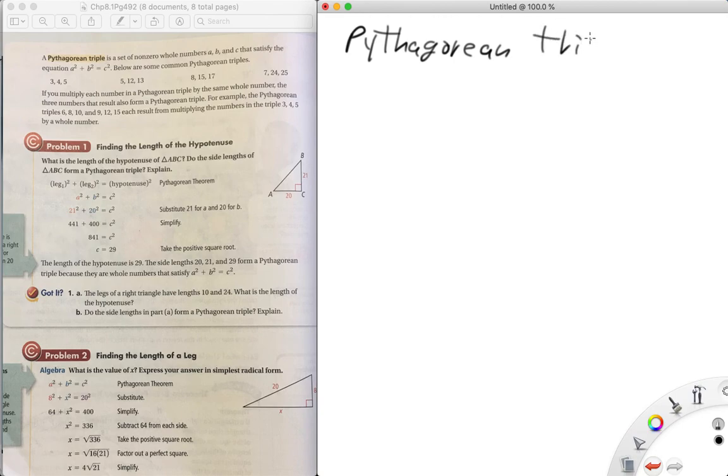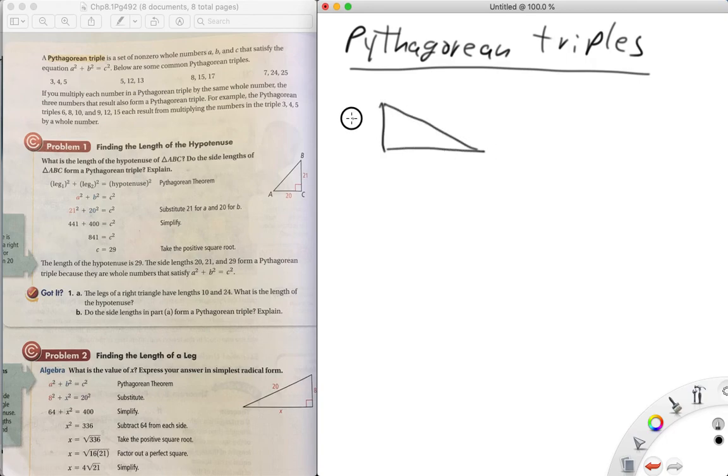And these Pythagorean triples are numbers that occur when you do a squared, b squared, c squared, and they tend to give you whole numbers as a result. So one of the more famous Pythagorean triples is called 3, 4, 5.